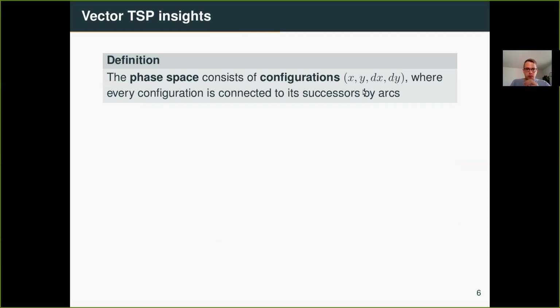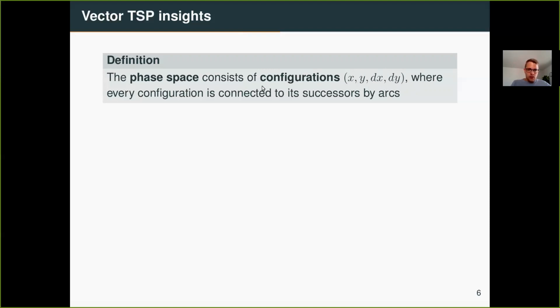So for the following lemma, we need to define what a phase space is. A phase space can be seen as a directed graph in which the nodes or the vertices represent configurations of the form of a tuple like this: x, y, dx, dy, which are going to represent the position of a visiting vehicle as well as its speed.